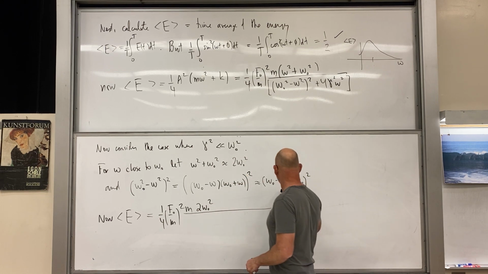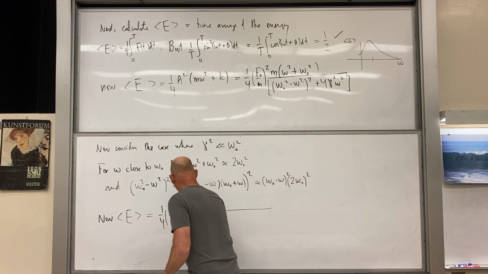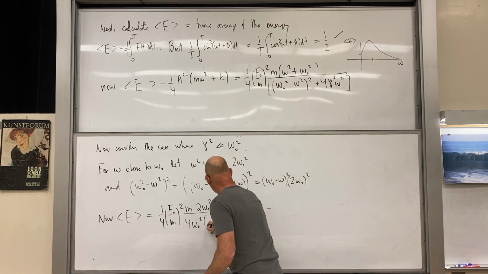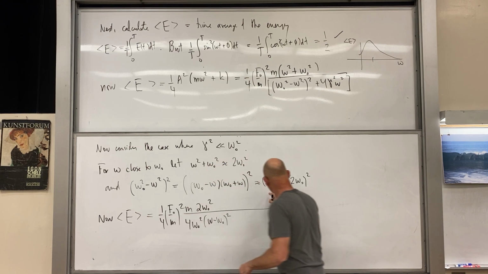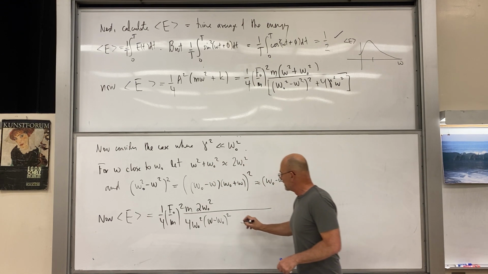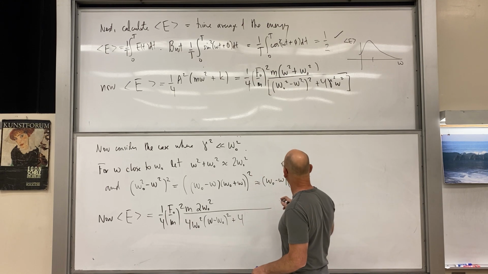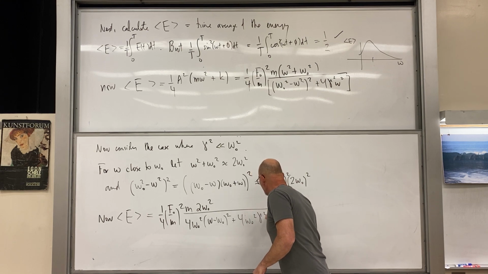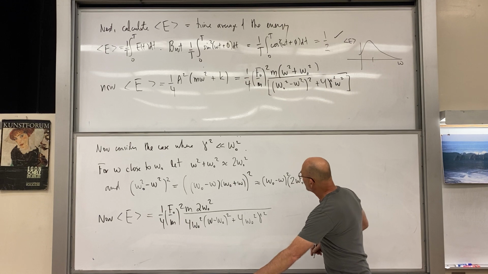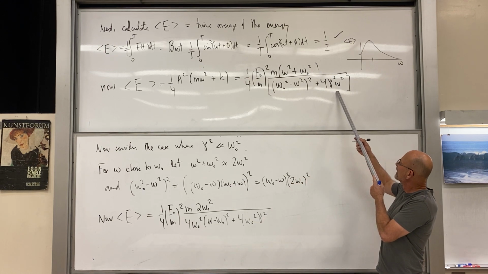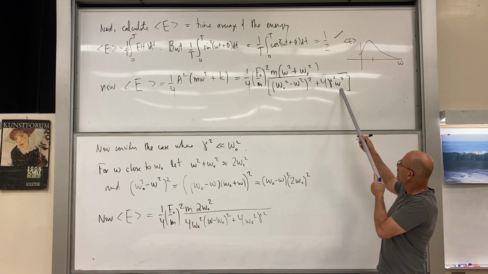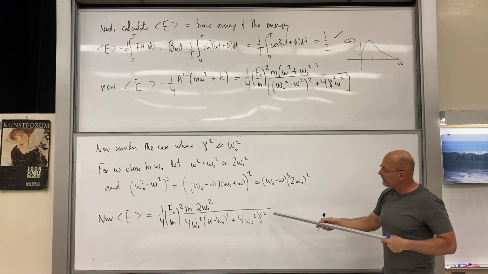We have 4 omega naught squared from here, we have omega minus omega naught squared. The order doesn't matter because it's squared. Plus we have 4 omega naught squared gamma squared. So I also made the simplification here, okay? It's really this thing that's going to dominate the behavior. So the 4 gamma squared omega squared is replaced with 4 omega naught squared gamma squared.